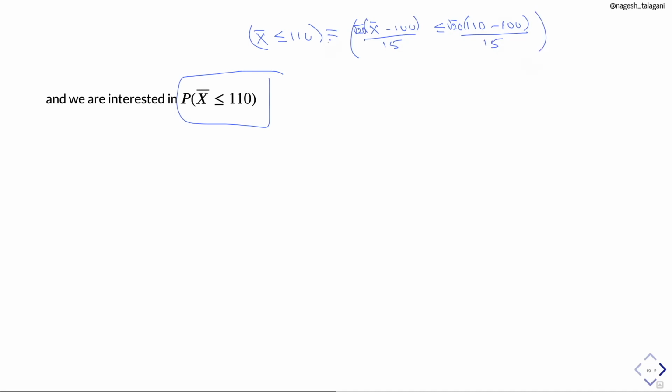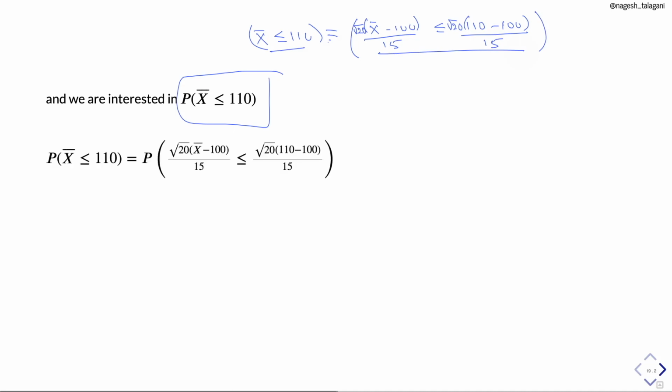So this event happens if and only if this event happens. So the probability of x bar less than or equal to 110 is the same as the probability of this event.